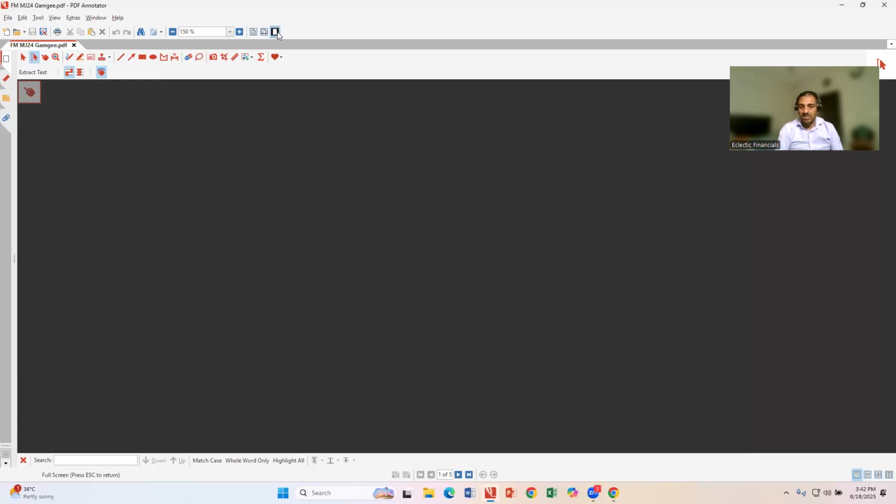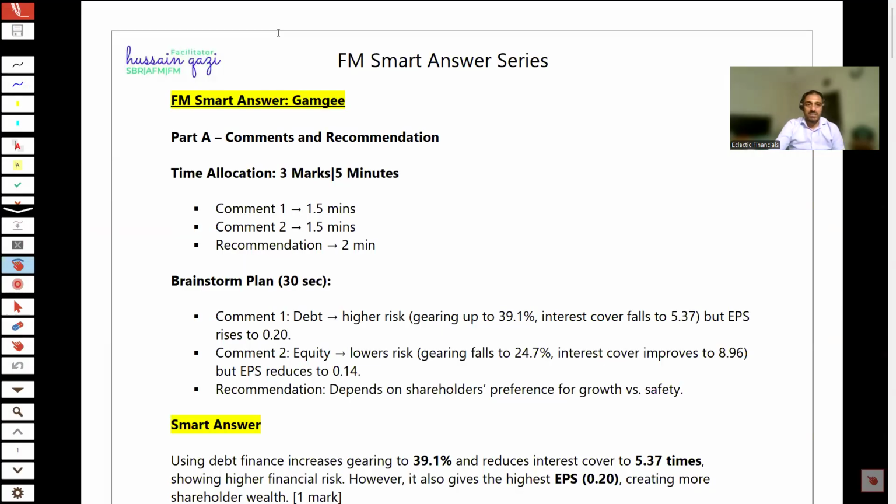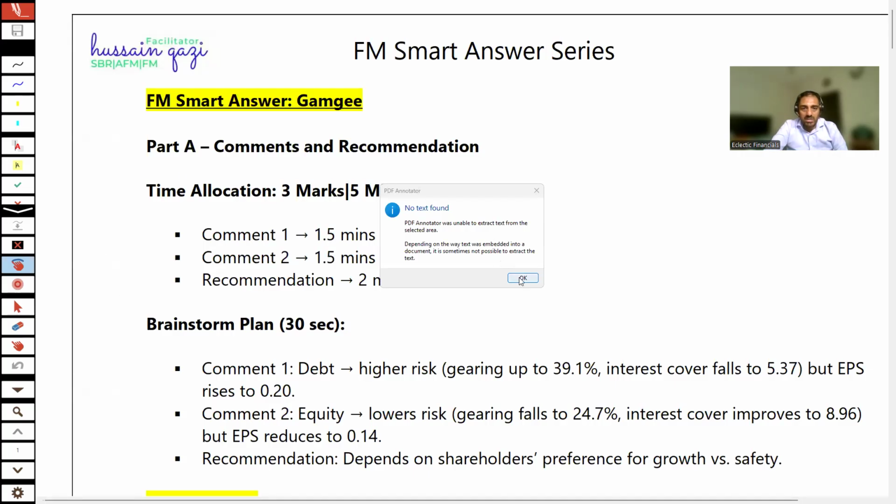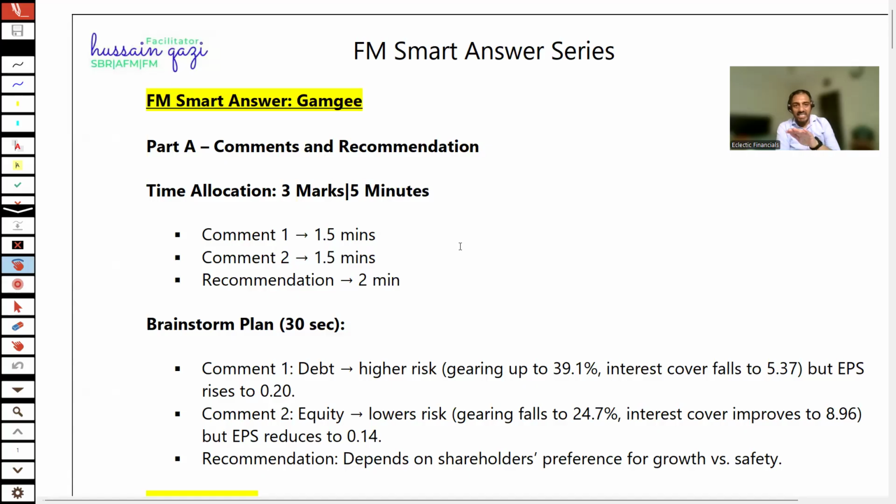This is about the theoretical aspect. Now listen carefully. The theoretical content. First of all, before writing the answer, these are the points that you need to cover one by one. Students, one by one.